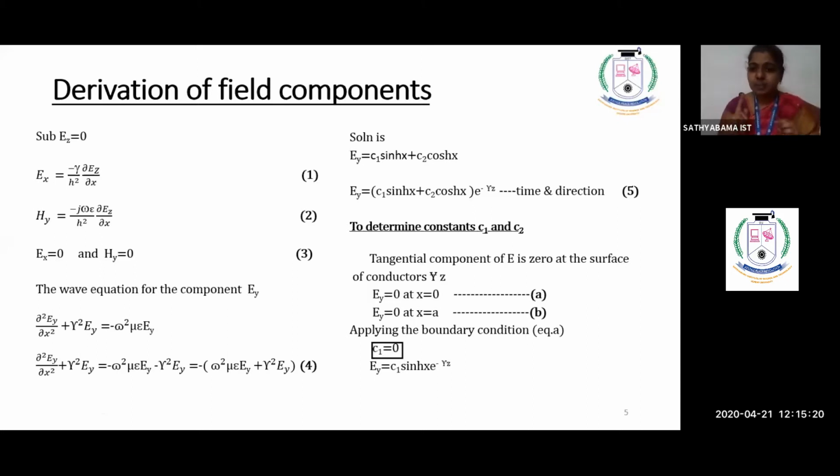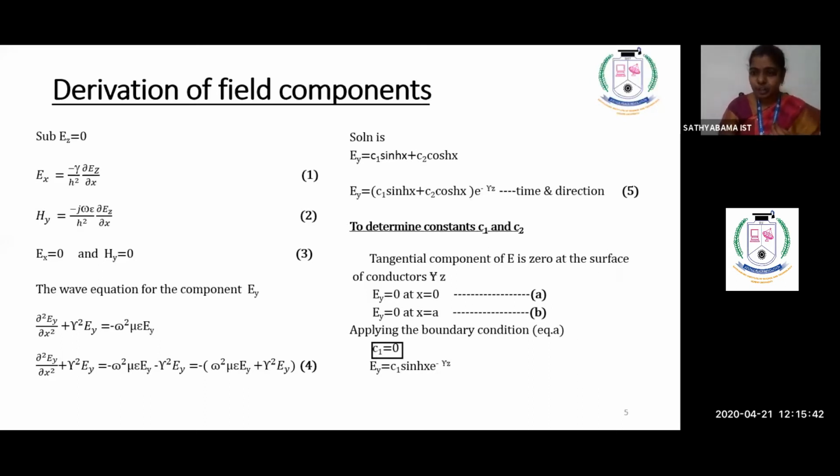If you see equation number 1, that is the final answer of your parallel plane wave. In that, if you substitute Ez equal to 0, your definition of transverse electric wave, what will happen? Ex equals minus gamma by h square dou Ez by dou x. What is gamma called?